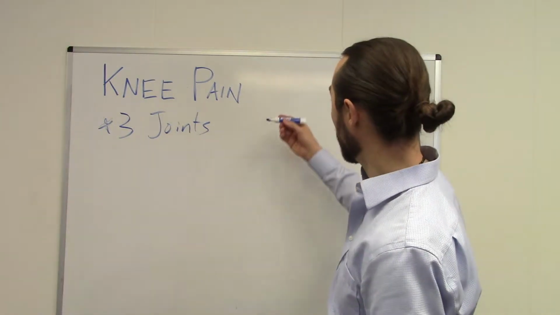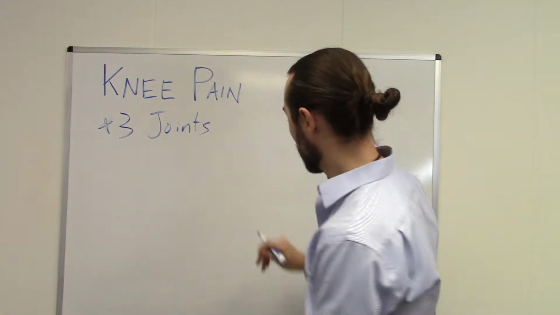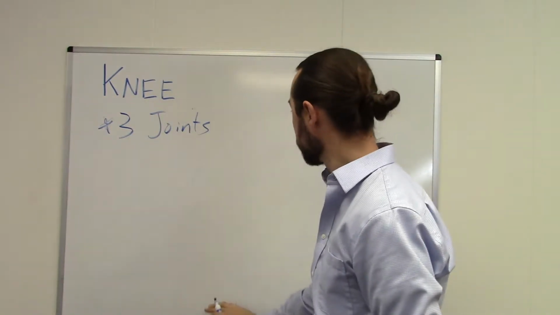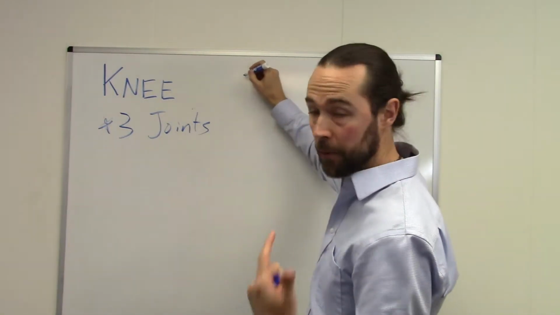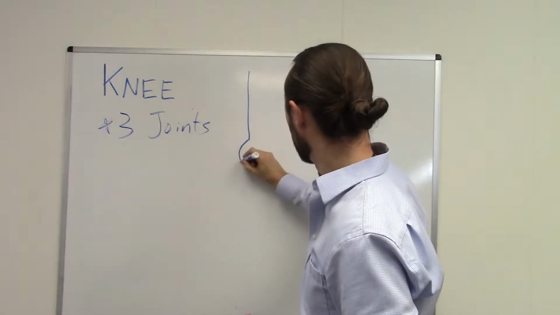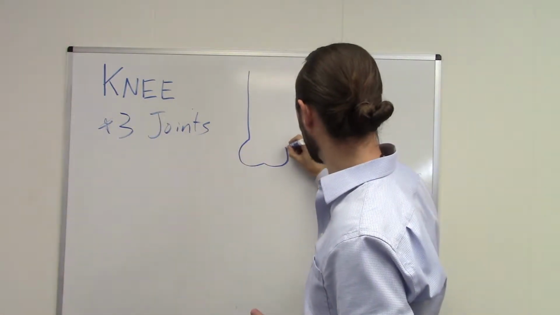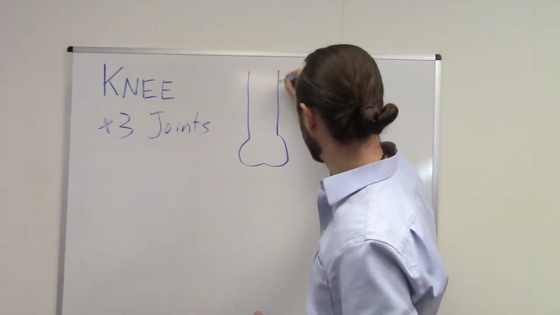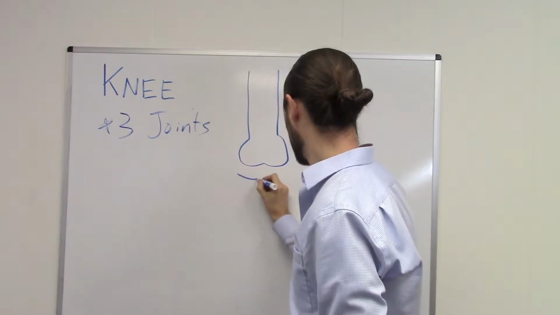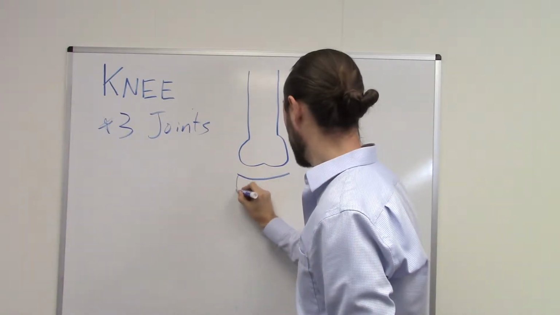So that's your main joint, and I'll try to draw a little picture here. So basically, if you have your femur coming down, let's just kind of make it look a little bit like that, kind of like a dog bone there. So the femur comes down, the tibia is here, like that.